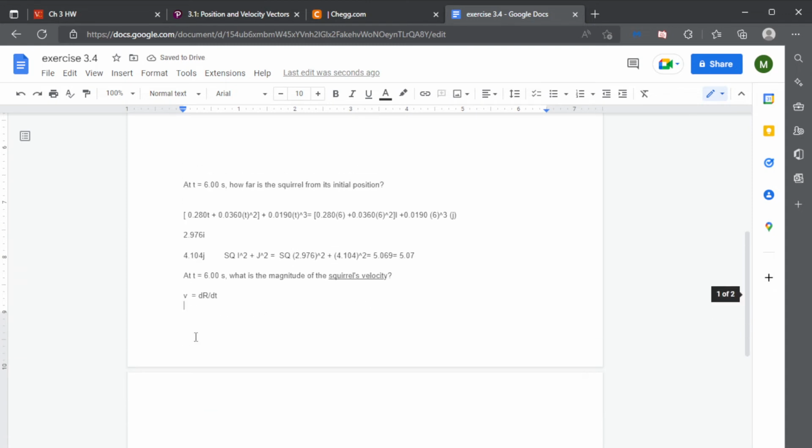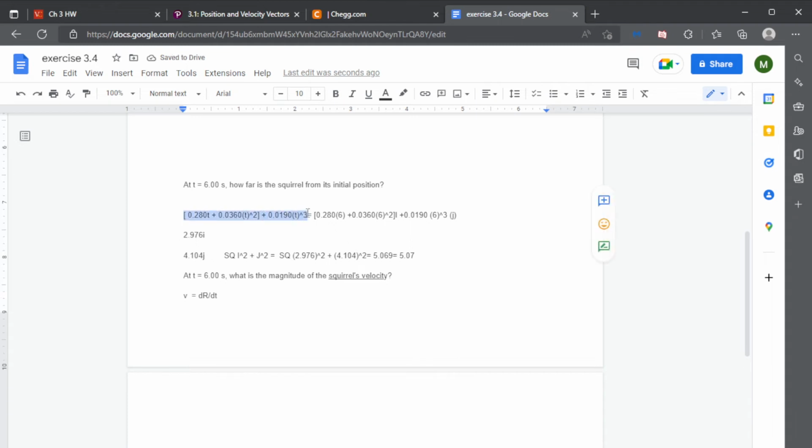So this one here asks what's the magnitude of the swirl velocity. Remember that v equals dr over dt. So what we need to do is write our equation, obviously.